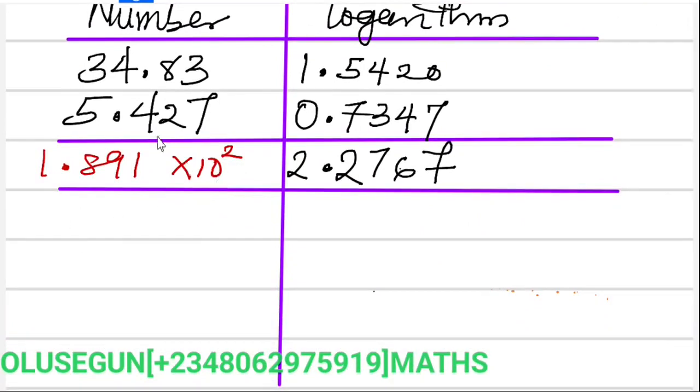By the time this is multiplied by 1.891, the final answer will be, I'm representing the antilog by red, 189.1. So this is the answer.